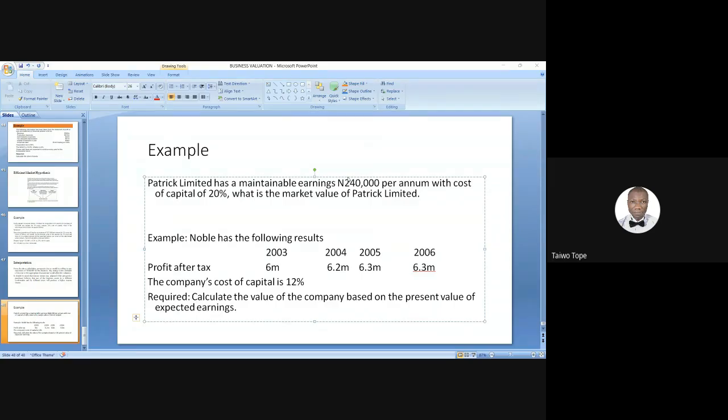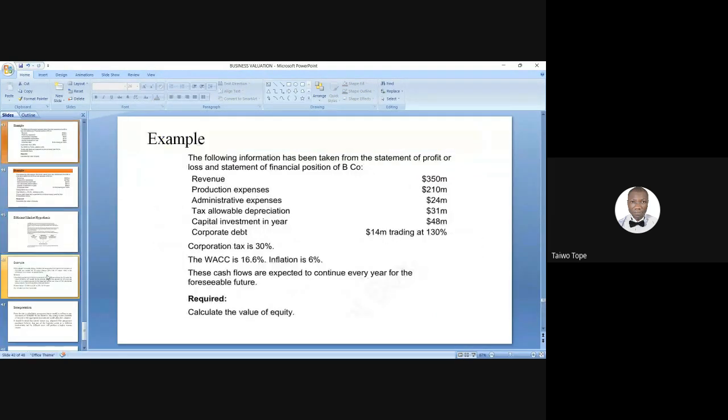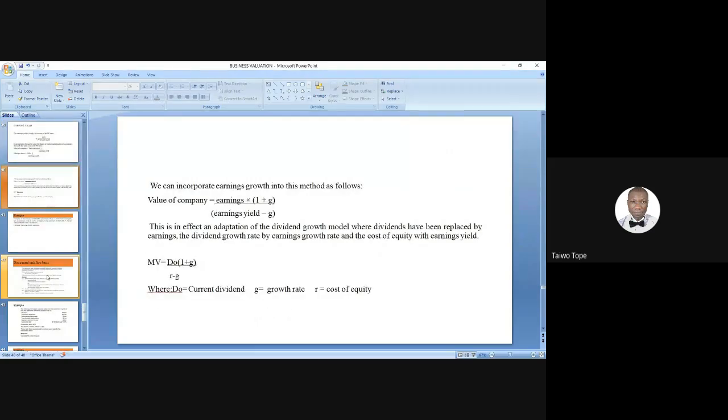What comes to mind is Gordon's growth model. We showed an example, a formula, where we have a growth rate. We can incorporate earnings growth into this method as follows.